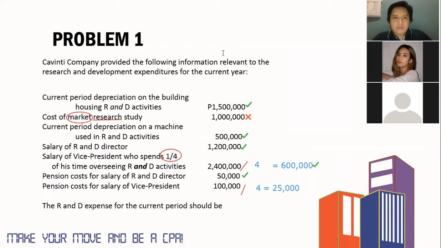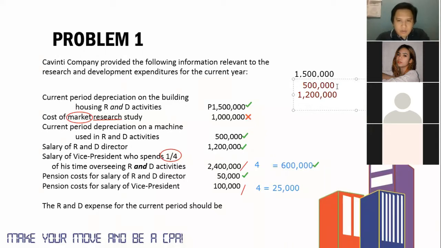So, let's add 1.5 million plus 500,000 plus 1.2 million plus 600,000 plus 50,000 plus 25,000.